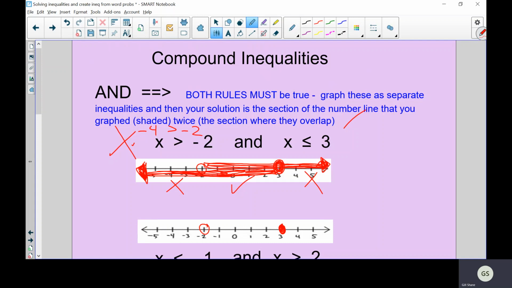If it's open here, it'll be open here. Closed here, closed there. And then we said the middle section. So that is your final answer. You just graphed the solutions for that particular compound. Any number in that shaded region works for both of those. Any number not in that region will only work for one, but not for both.